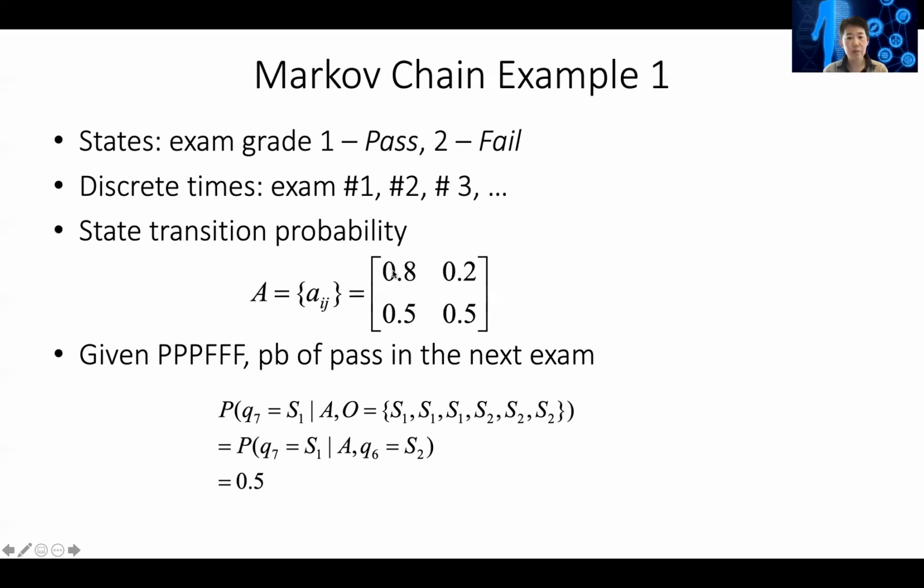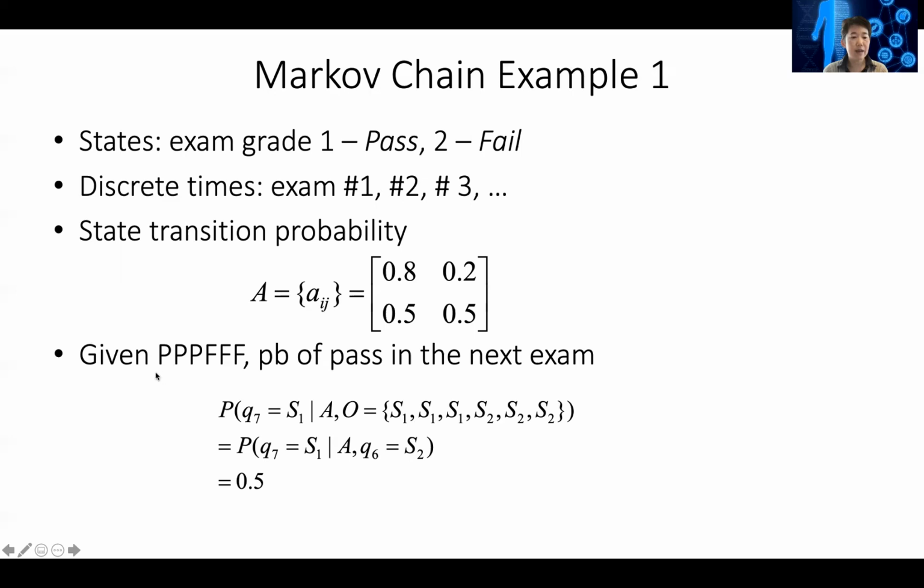This would mean that if the student has passed exam 1, the likelihood that they will pass again will be 0.8, but the chance they will fail is 0.2. But if a student failed that first exam, their probability of passing is only 50% and failing is also 50%. You can see here, these two numbers add up to 1 and these two numbers add up to 1.